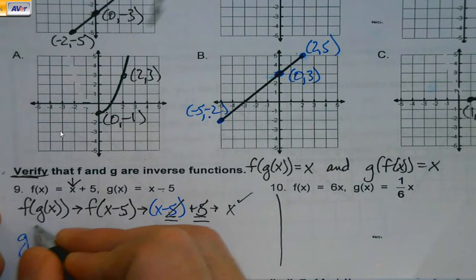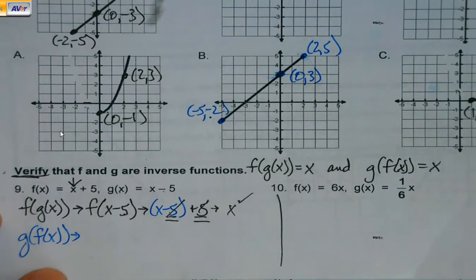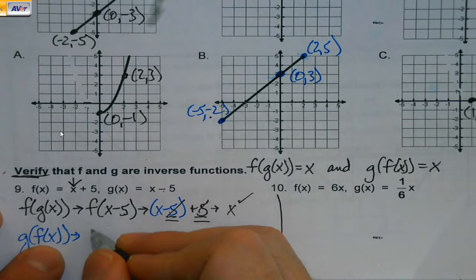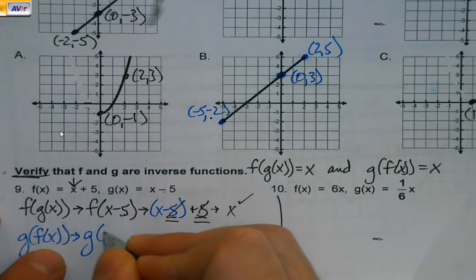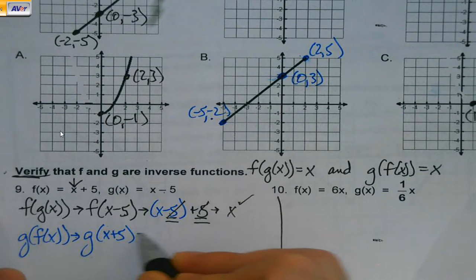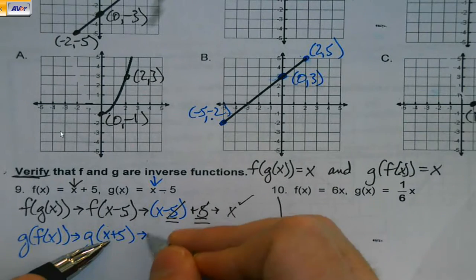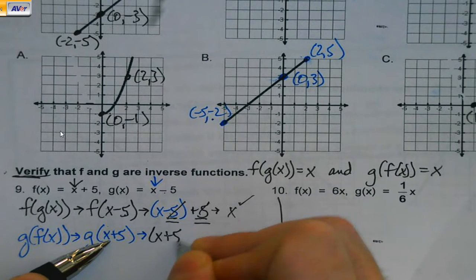And then if the first one works, I try out the second one. But now I'm going to plug f into g. Okay, it's going to work the other way around. So here's my g function. I'm going to plug x plus 5 in for x.